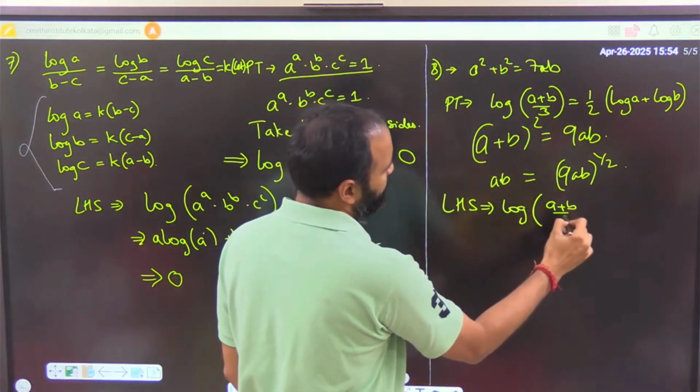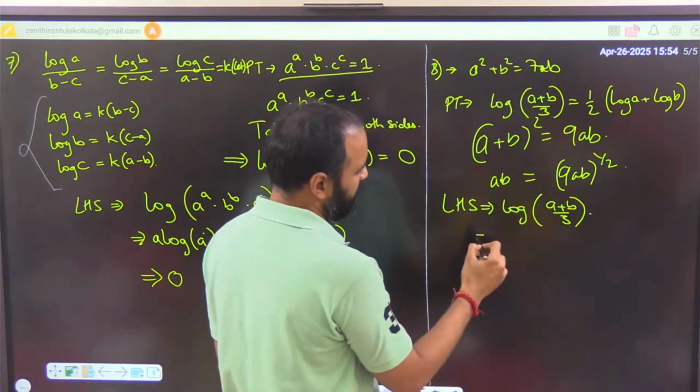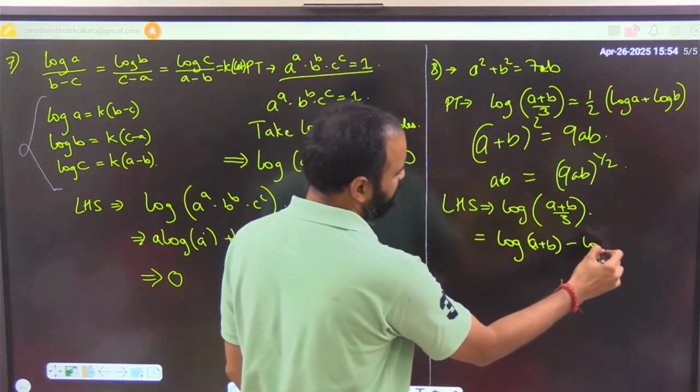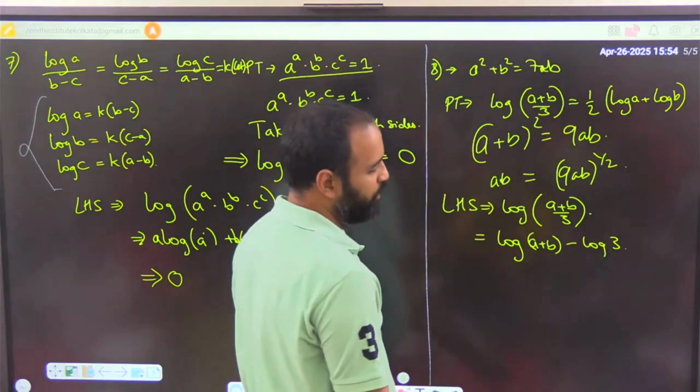log of (a plus b) by 3. This is like writing log of (a plus b) minus log 3. But what is log of (a plus b)?